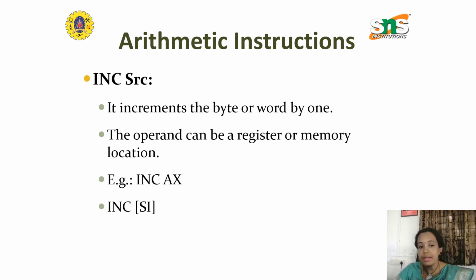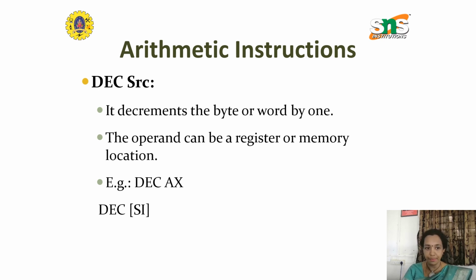INC is incrementing, or increasing a value by one. INC AX means the accumulator content is incremented by 1. For example, if there is data 74 in the accumulator, it will be incremented by 1. The data in SI, the source index register, will be incremented by 1 with INC SI.